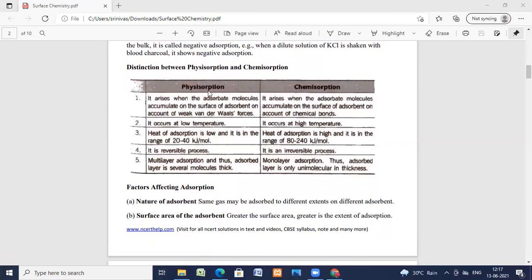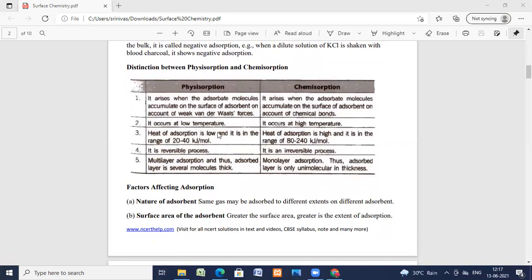Chemisorption arises when adsorbate molecules accumulate on the surface of the adsorbent on account of chemical bonds. Physisorption occurs at low temperature. Chemisorption occurs at high temperature.